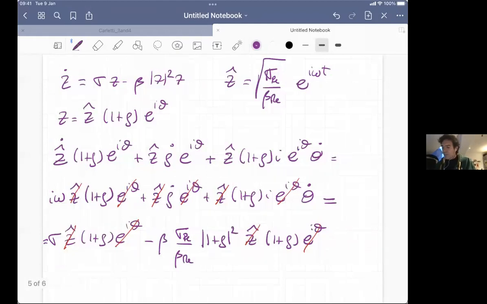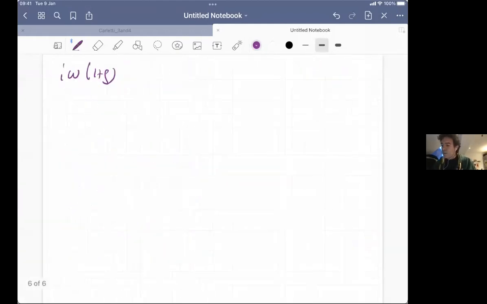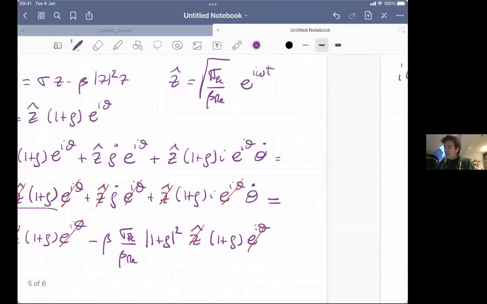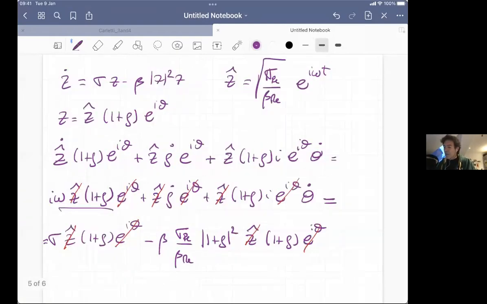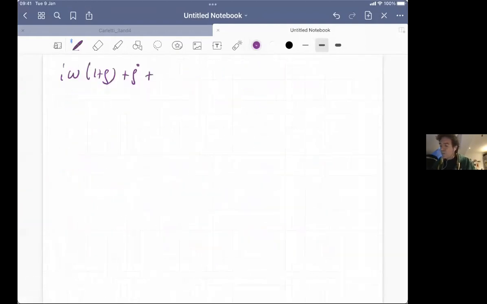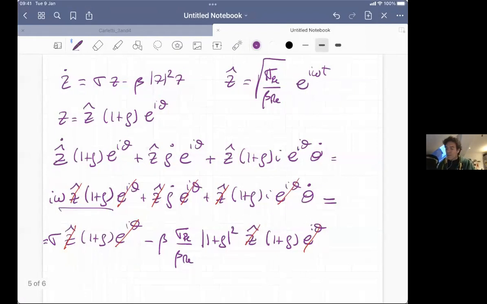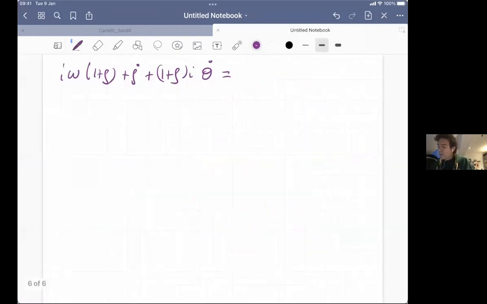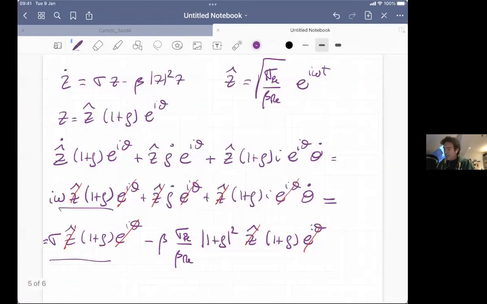Then I have rho dot, which is the only term that remains in the second part. And then I have (1 plus rho) i theta dot. And this is equal to, the first term, sigma times (1 plus rho).